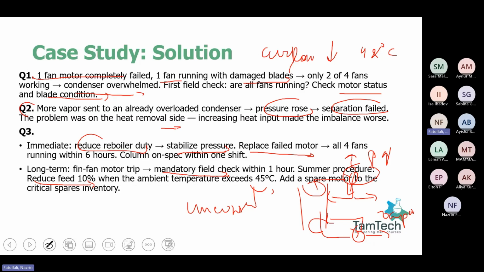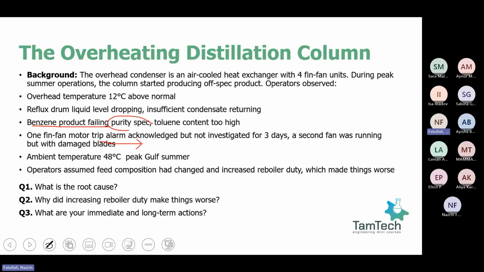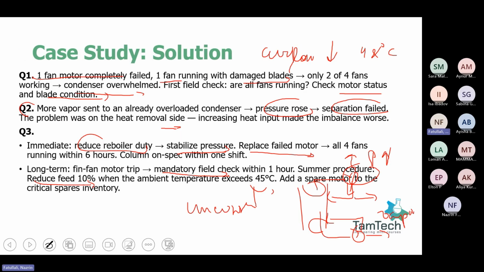Also, you need a spare motor listed as critical spare, because as you know, it's working with benzene and toluene, and it's a somewhat dangerous product. You need an additional spare motor if one of them is not working, or as you see here, we got an alarm from one of them. It tripped. That's why we need to replace it immediately.